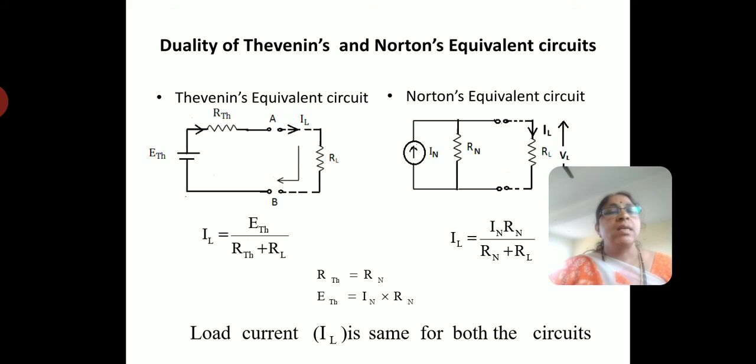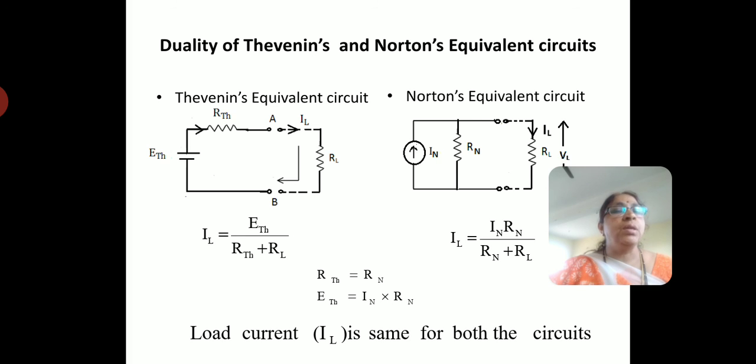So the output current flowing through the load with Thevenin's equivalent circuit is IL equal to ETH divided by RTH plus RL, whereas with Norton's equivalent circuit it is IL equal to IN RN divided by RN plus RL.